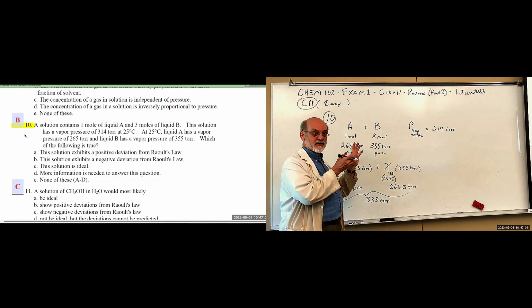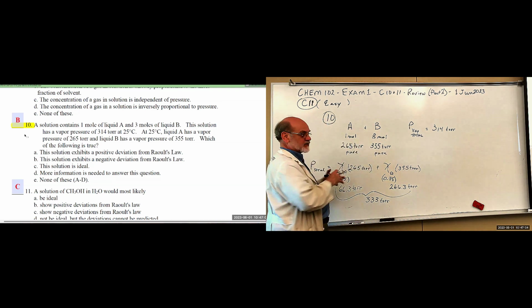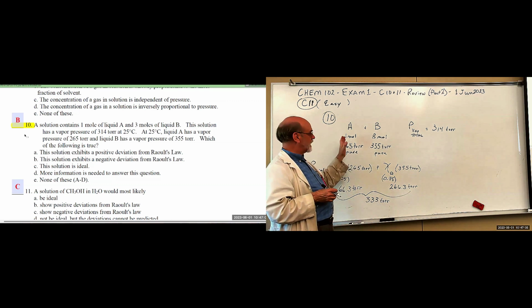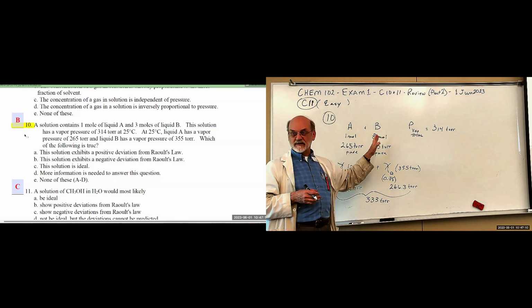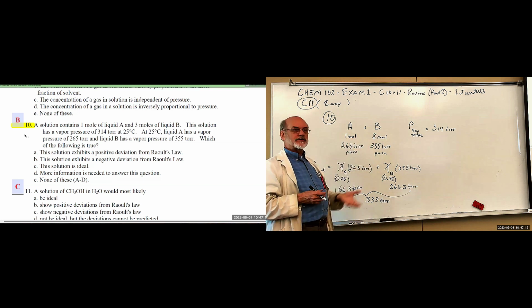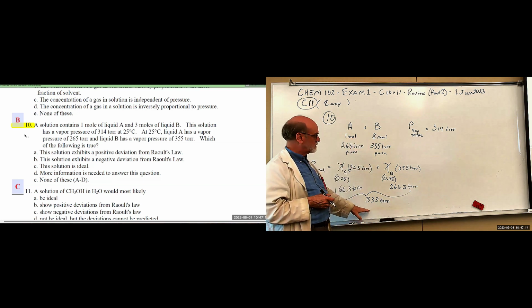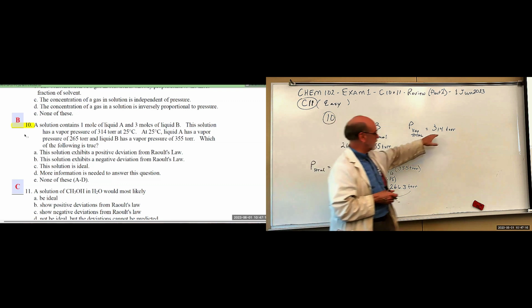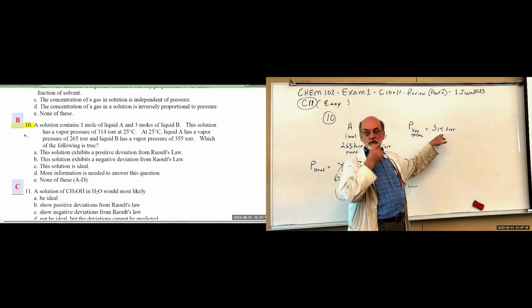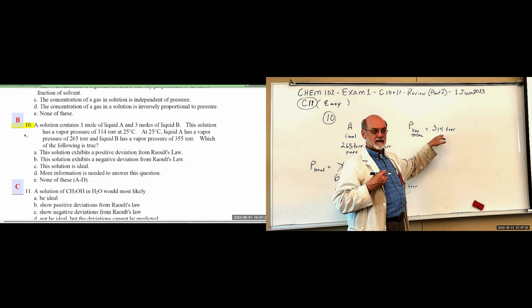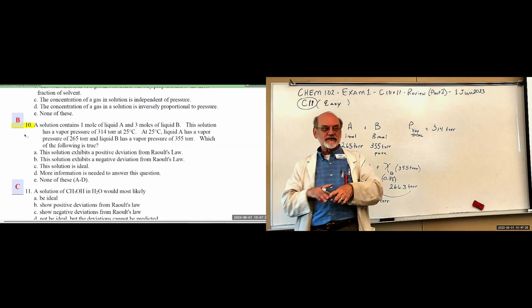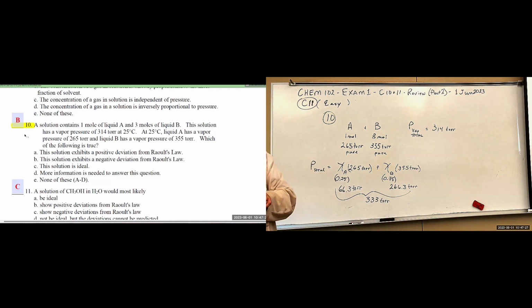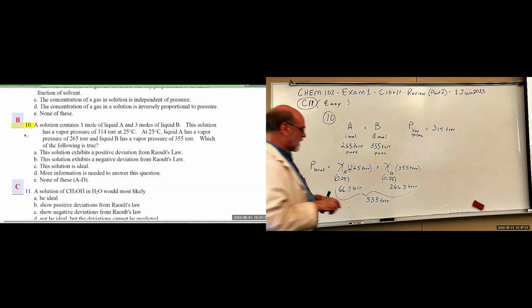But when you mix them together, A and B attract each other more strongly than they attract their own A's or B's, which reduces their vapor pressure. And that's what you get over here for the true value of the mixture. This is theoretical, this is true. That's why it's a negative deviation. Okay.